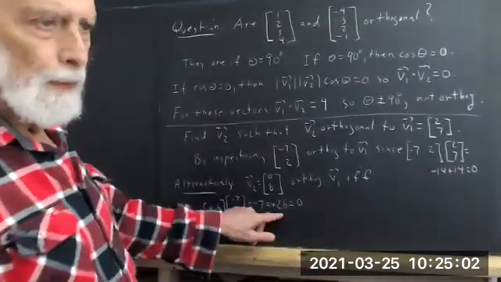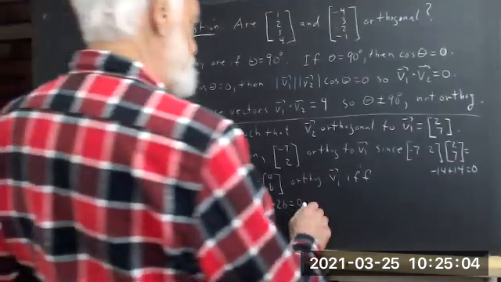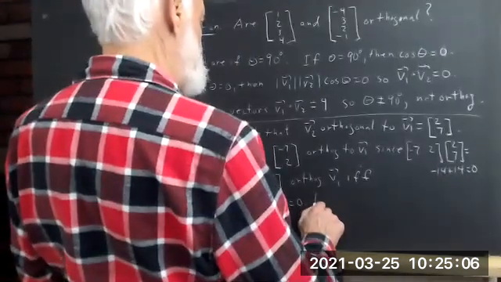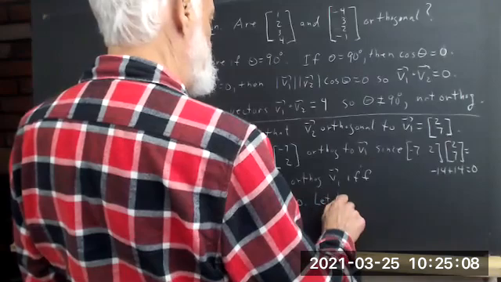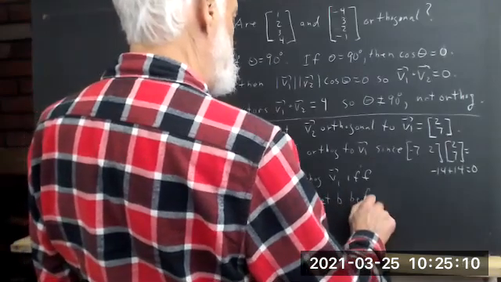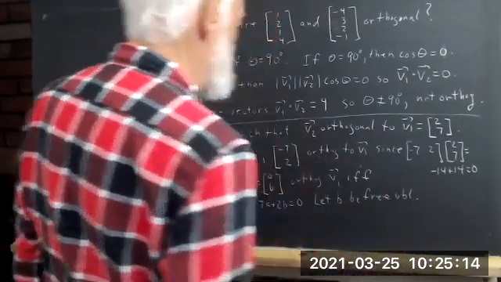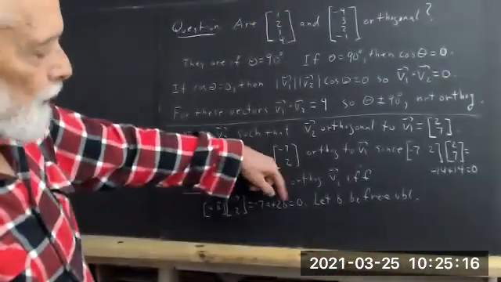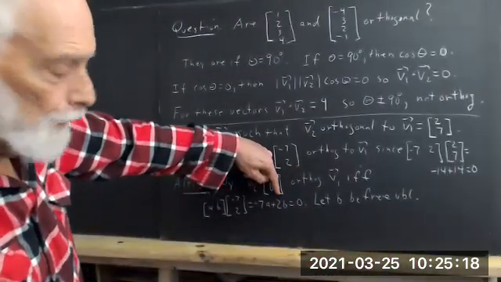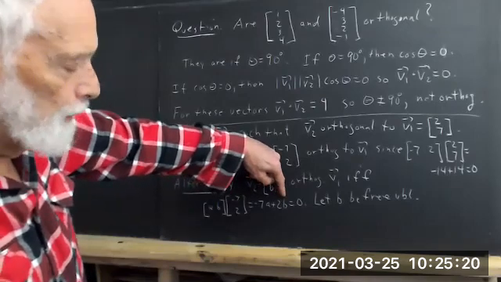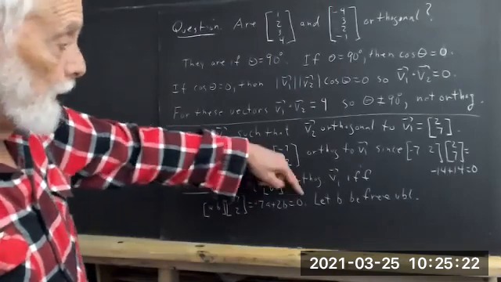Well, this equation has infinitely many solutions. Let B be the free variable. If you know the value of B, you can determine the value of A that makes this true.